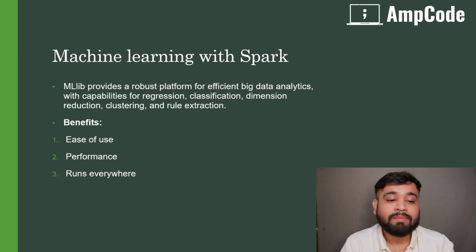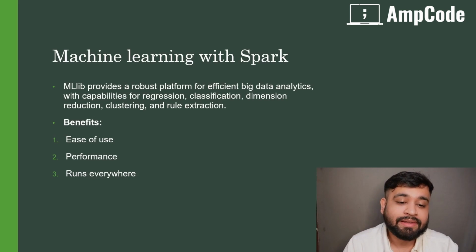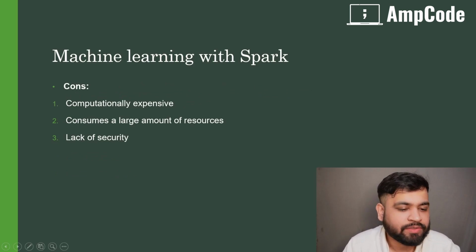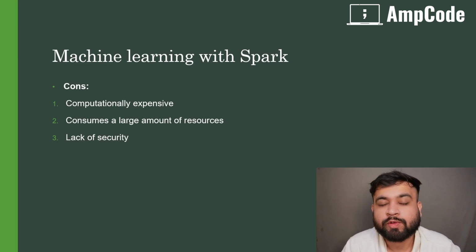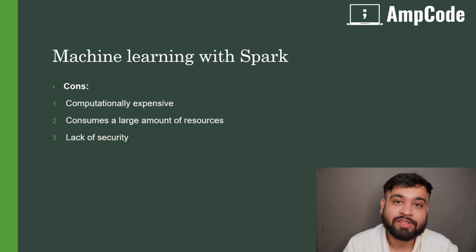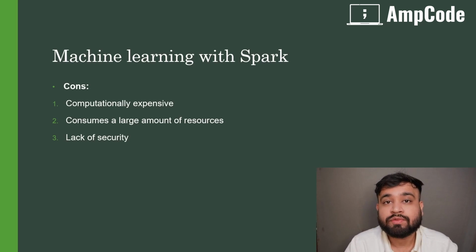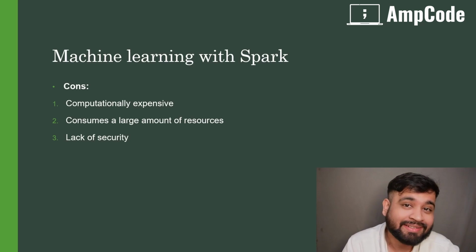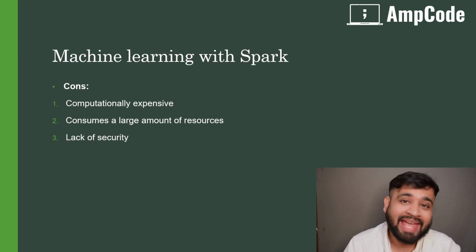So this is all about why we are using machine learning with Apache Spark and not any other tools out there. Let's also talk about some of the cons of using machine learning with Apache Spark. One thing is that it is computationally expensive. This is not applicable to all applications. Some applications use complex datasets with complex column data types, nested or in array forms.